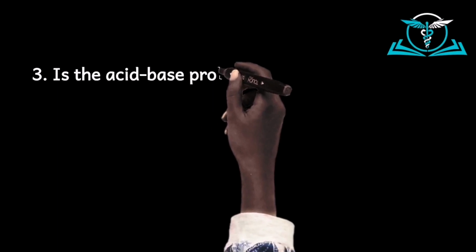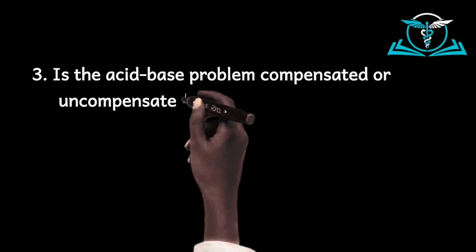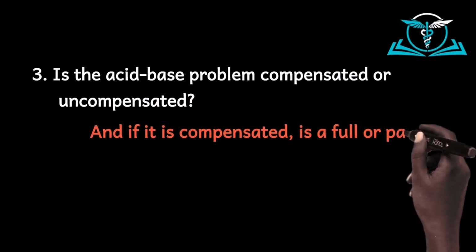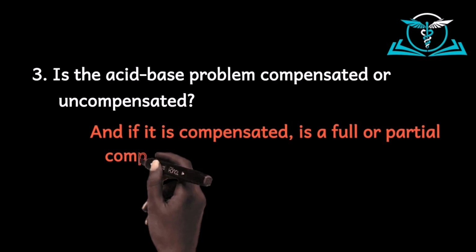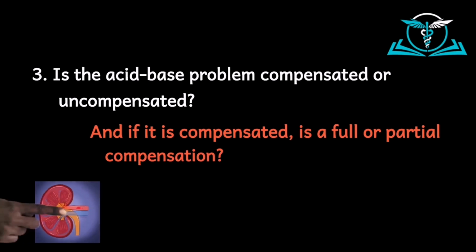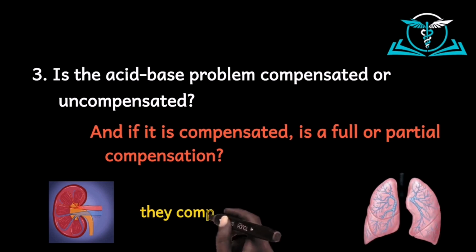Then, as you know, the next step is to ask yourself, is the acid-base problem you have identified compensated or uncompensated? And if it is compensated, is it a full or a partial compensation? Now, it is important to know that the two systems, the renal system and the respiratory system, compensate each other.